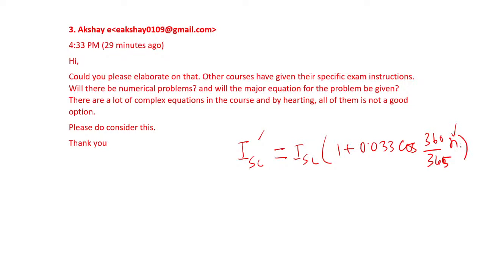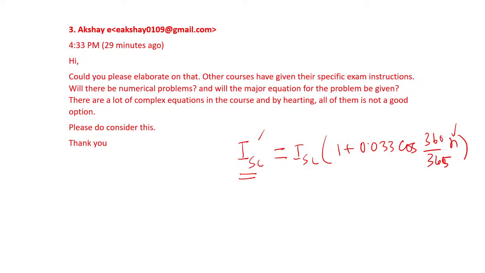If we ask to calculate this extraterrestrial flux falling on a particular day, you must be able to develop this kind of expression and calculate I_SC,days. The only variable is n, the nth day of the year.